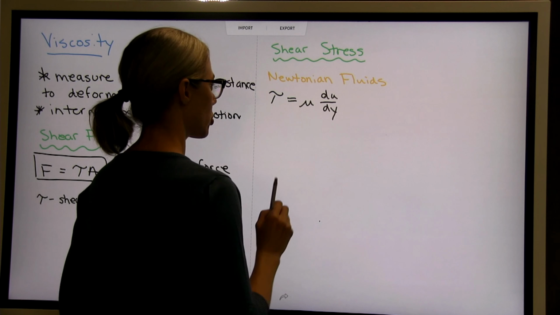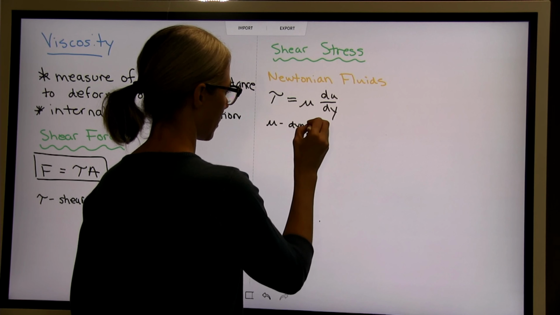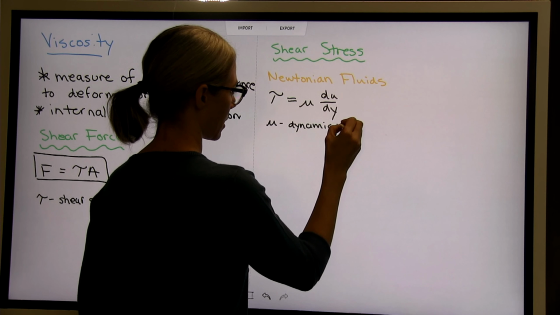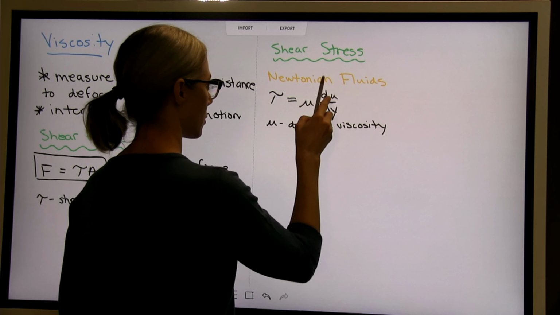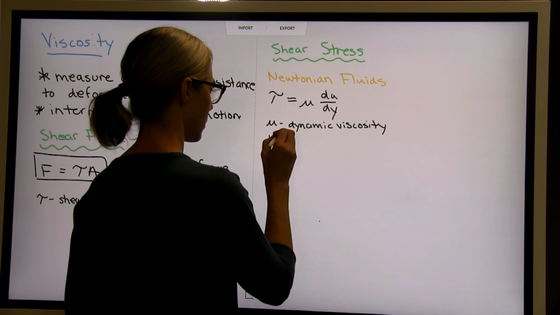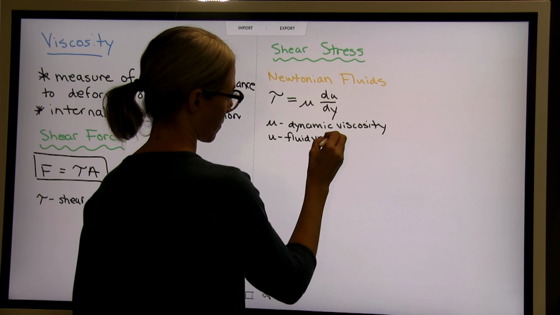Of course, tau is our shear stress. Mu is dynamic viscosity. And u is fluid velocity.